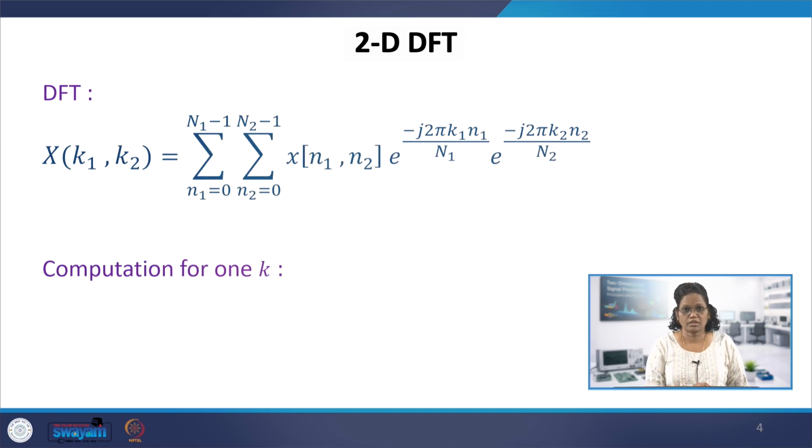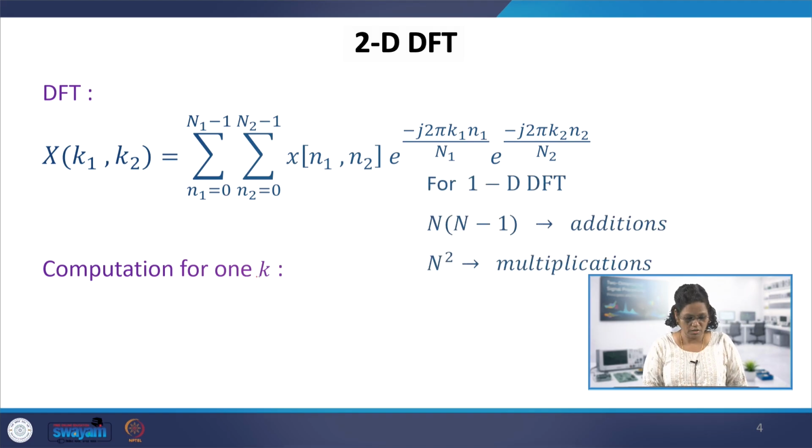Now, taking this DFT equation, what is the computational complexity here? For computation of one k, that is either k1 or k2, if we just recall 1D DFT, the complex multiplications were n, and it should be done for n k values, so it is n square multiplications. The additions are n minus 1 for one k value, and so for n such k values, it is n into n minus 1 additions.